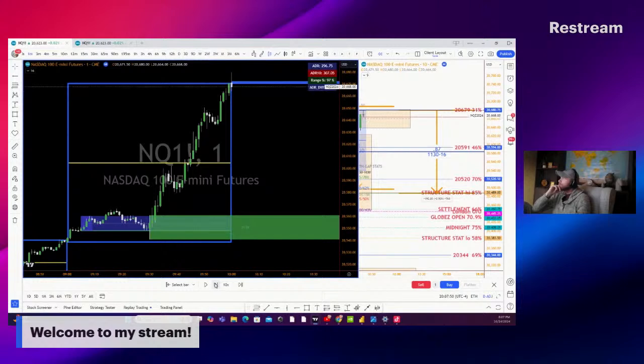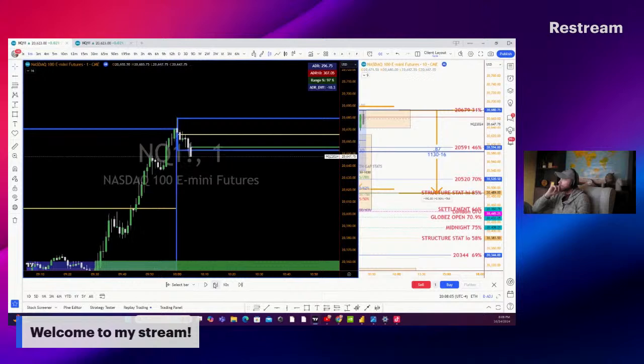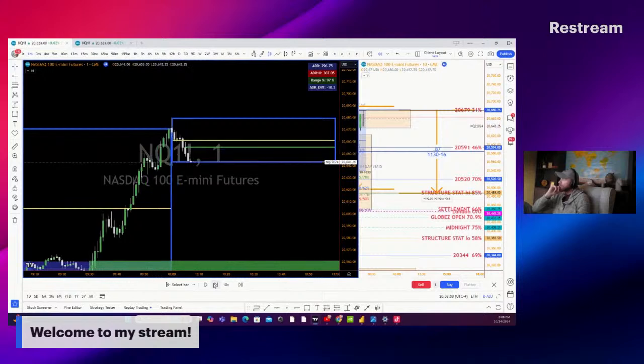So the 10 hour opens up. We're taking out the 9 o'clock hour. We're paying attention. Can we suck back into the range, or does momentum keep us going higher? So we're sucking back into the range. Now we're going to let the 5-9 box develop and start anchoring our clues off of that.